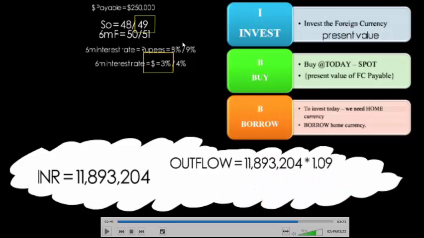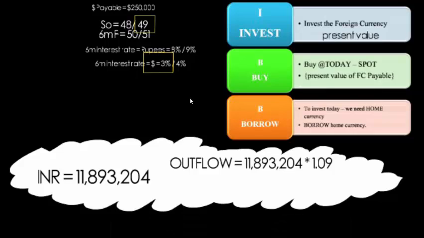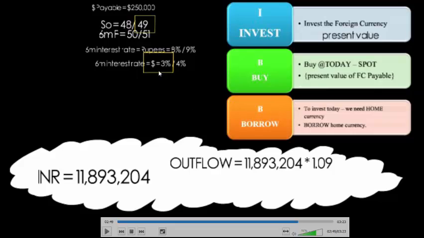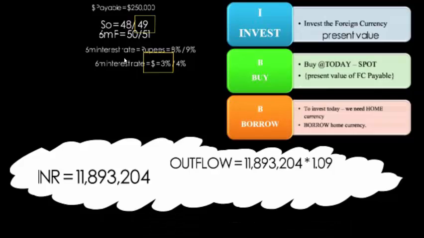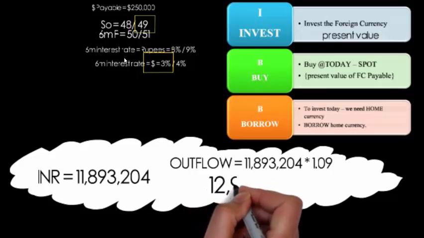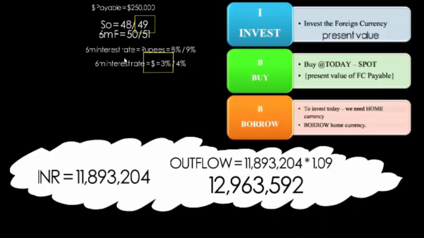That is the rate at which the dealer will sell. Now this borrowing rate is the 6-month interest rate. That is, after 6 months, what will be the outflow? So this will be the outflow under the money market hedge.